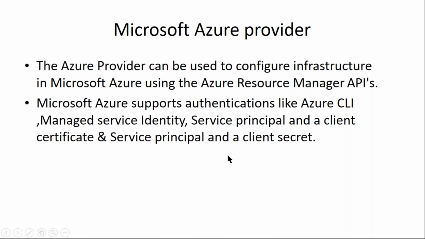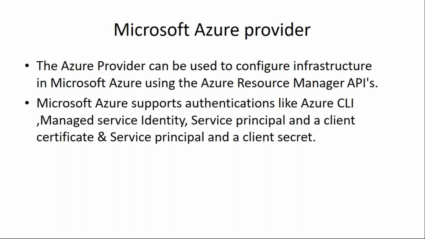I'll come with the example in the next section on Azure Cloud. Whenever you are going to use Azure Cloud, you have to download the Azure CLI and create the authentication. For authentication in Azure, we need to give parameters. Just like AWS, where you use access and secret key, plus you give the subscription ID.